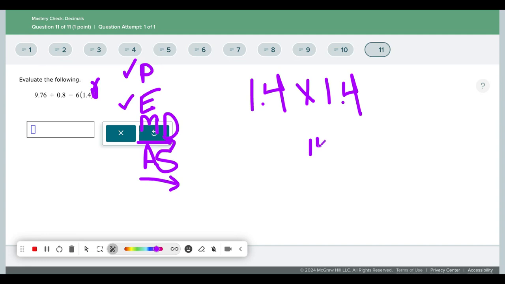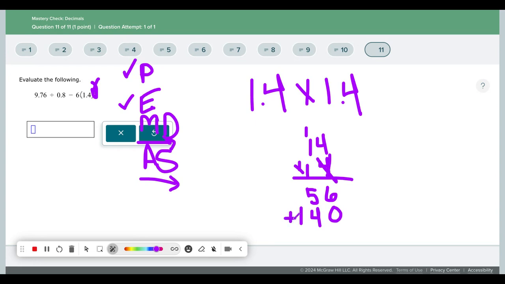So technically, I'm doing 14 times 14, and then I can go through and add in my decimal points when I'm done, right? So 4 times 4 is 16. 4 times 1 is 4, plus 1 more is 5, right? I'm done with that 4. So I'm going to do a place value holder. And now I'm ready to move on. 1 times 4 is 4. 1 times 1 is 1.